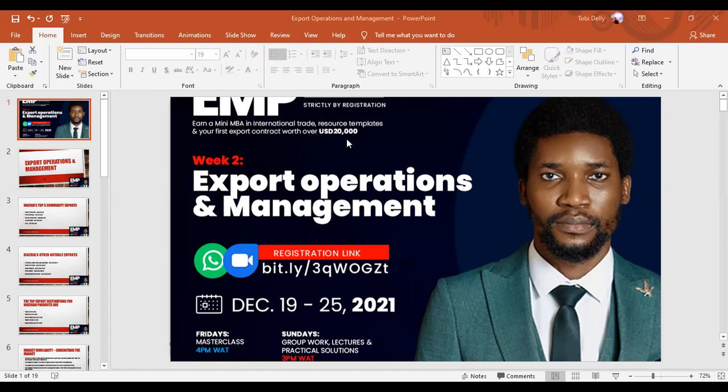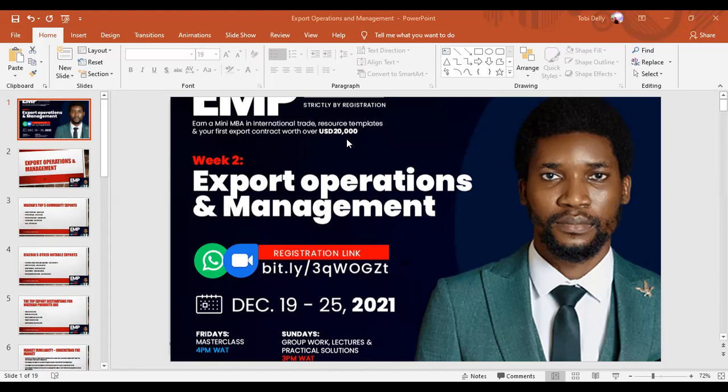So there is some documentation process that all this involves that will allow you to interact with the shipping company. Like I explained in our previous classes, the value chain that we have in the export industry: when you are moving your commodity, you don't interact directly with the shipping company. You first have to meet whoever is going to be acting as your freight forwarder, who is now going to interact with the customs agent.